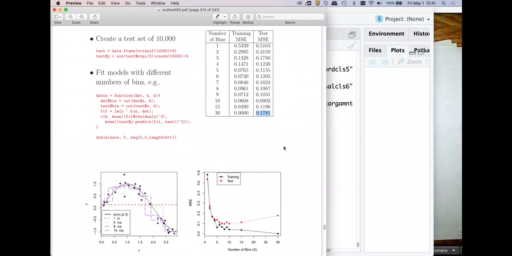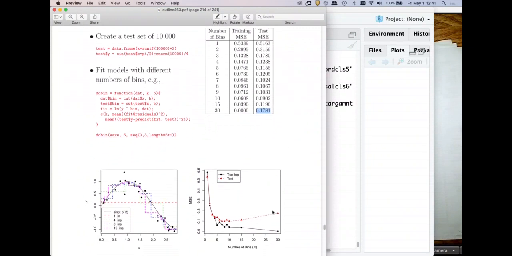I'm plotting this off to the right, and this is really the first time we're seeing this bias-variance trade-off from an actual data set. This is the complexity of our model. We have a very complex model with 30 degrees of freedom. My test set error is horrible. My training error is perfect.